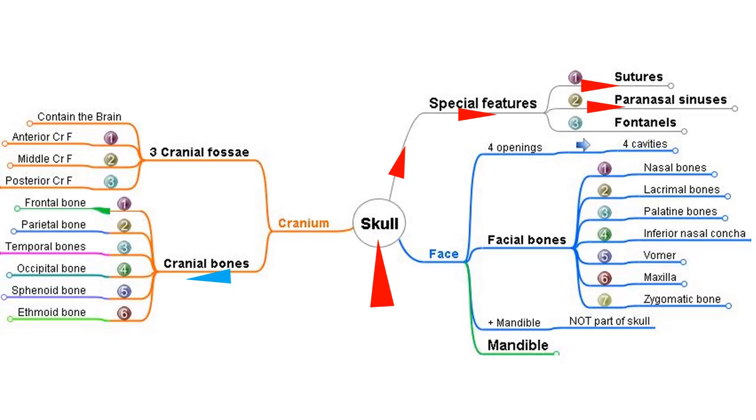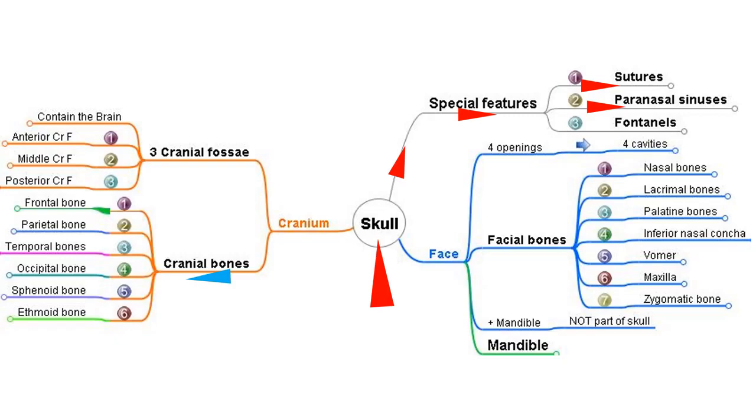Then some of the skull bones have paranasal sinuses. Paranasal means around the nose, and they open into the nose, and sinuses, they are cavities.